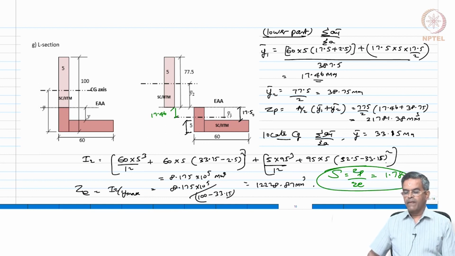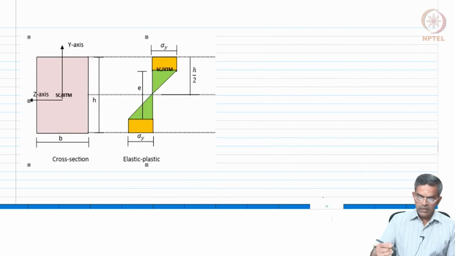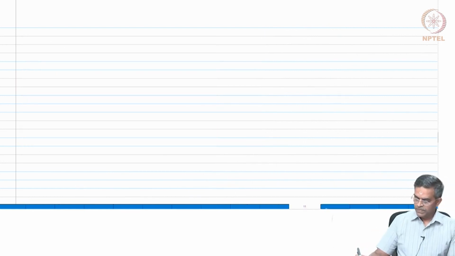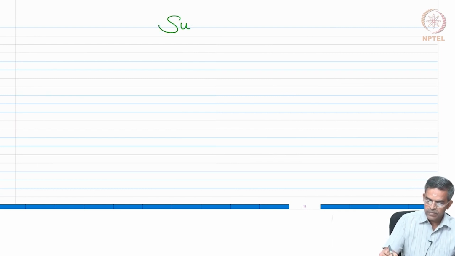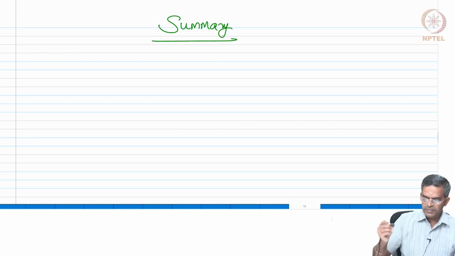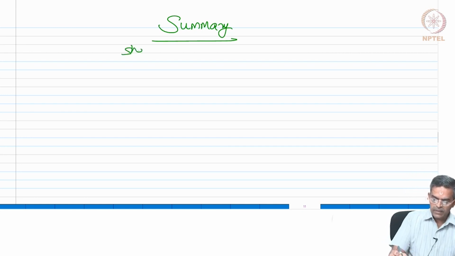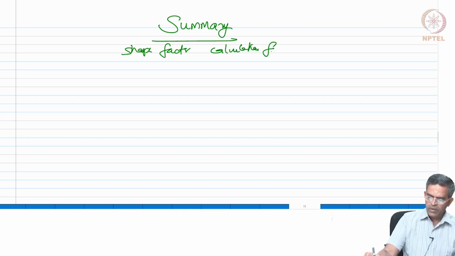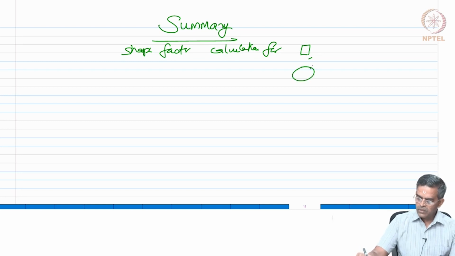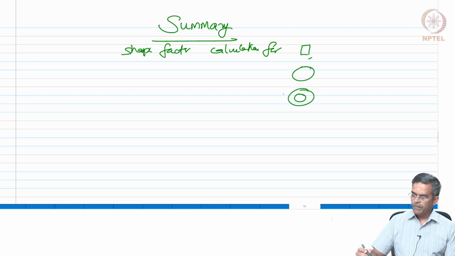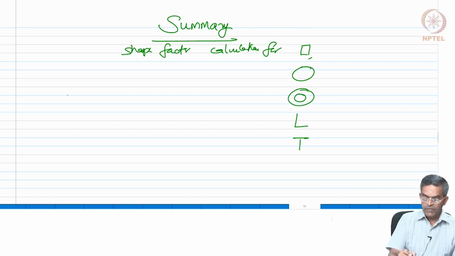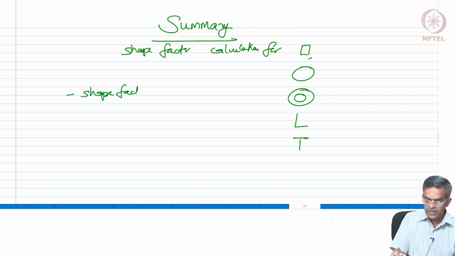So, friends, in this lecture we learnt the shape factor calculations for rectangular section, solid cylinder, tubular member, L section, T section, and we learnt that shape factor varies with the geometry.